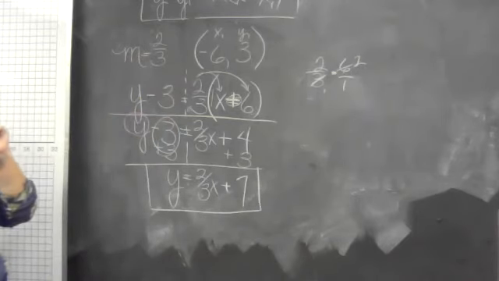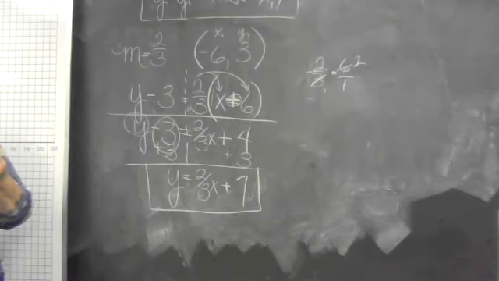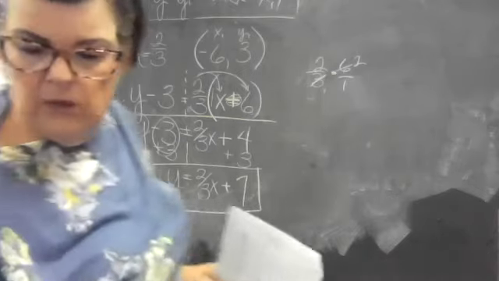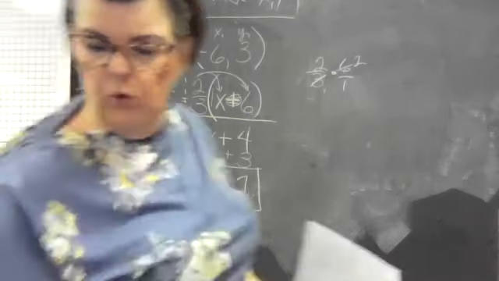Now I want you to look at the bottom of page 8 because it's a little bit different and it may throw you. Okay, so look at the last one on page 8. And it's worded a little bit differently, but we're going to do the same thing.